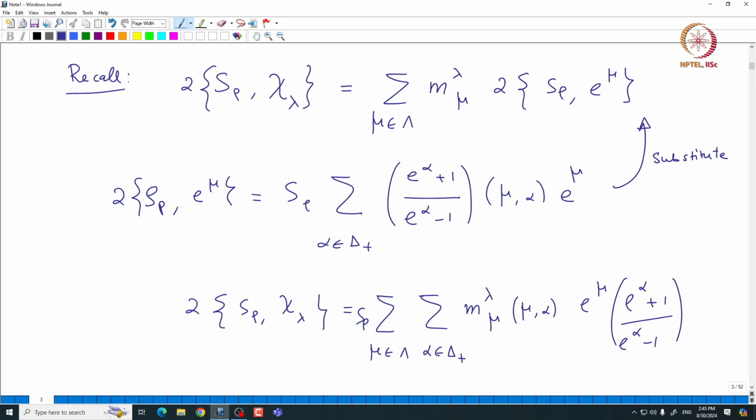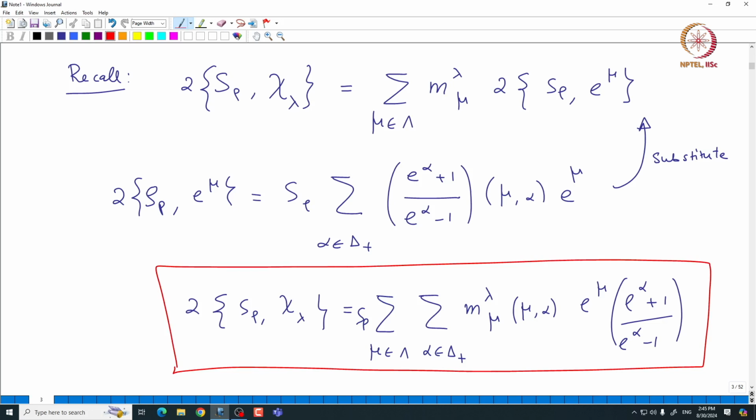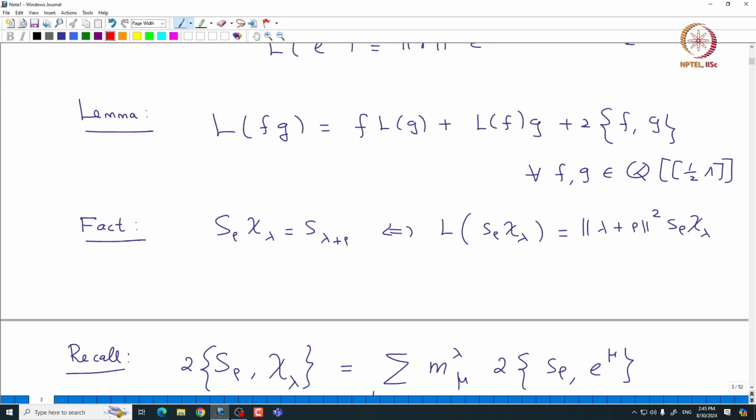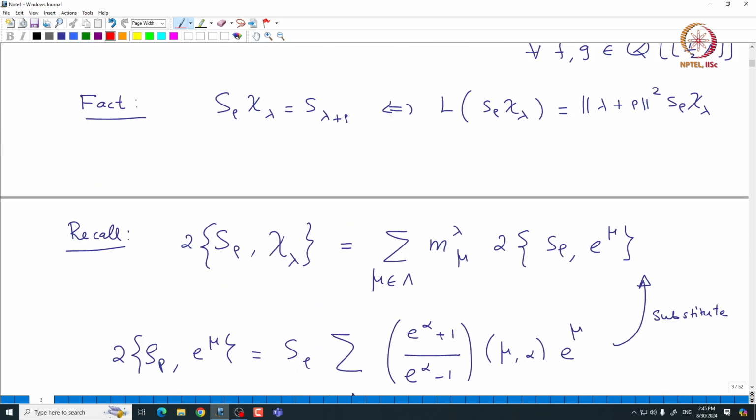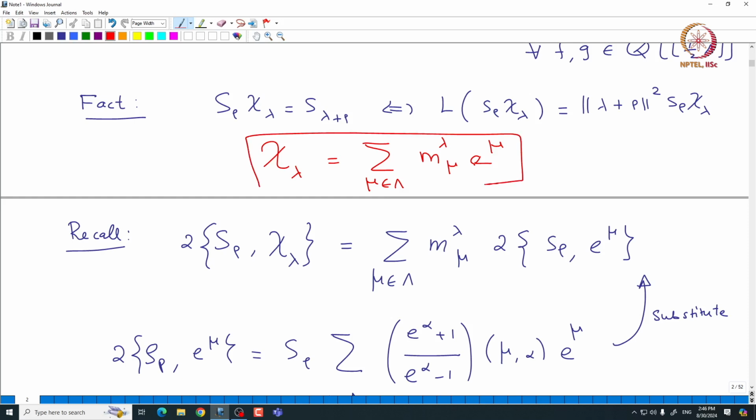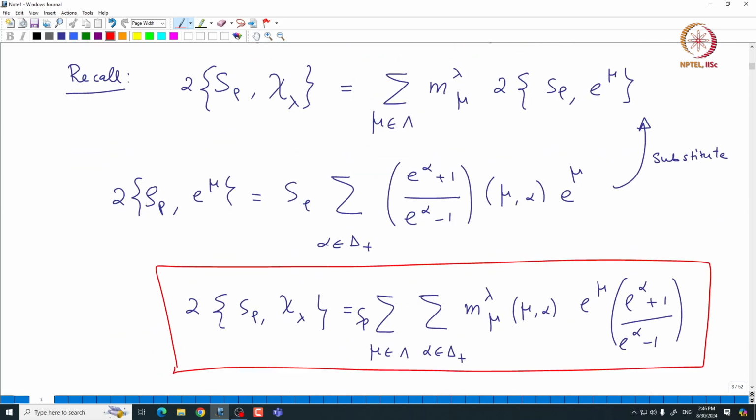So this is the formula that we get for this bilinear form applied to S rho comma chi lambda. We need this later, so I will just state it here for future use. Recall that chi lambda, one way to write it, is the summation of the multiplicity m lambda mu times e power mu, where mu comes from lambda. That is why we are getting this formula.